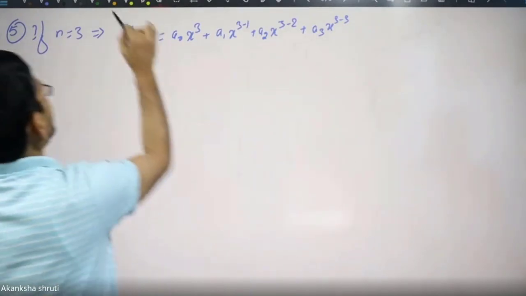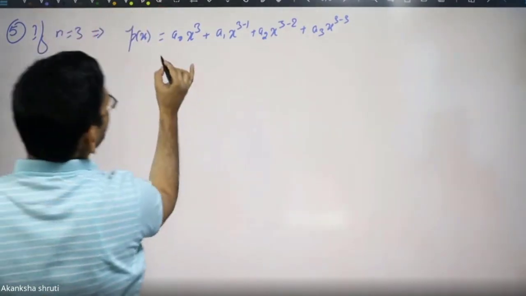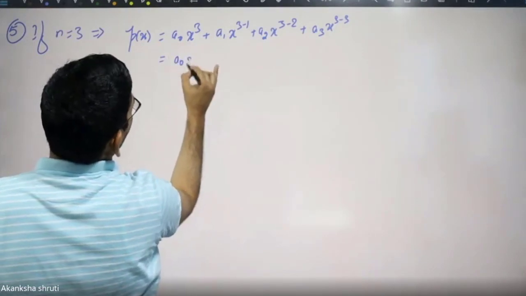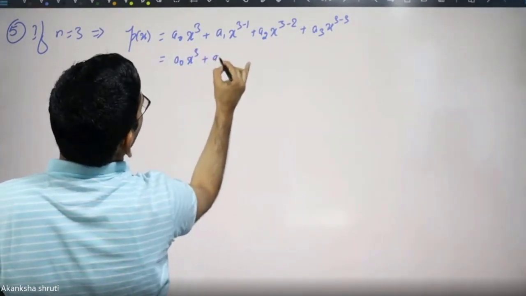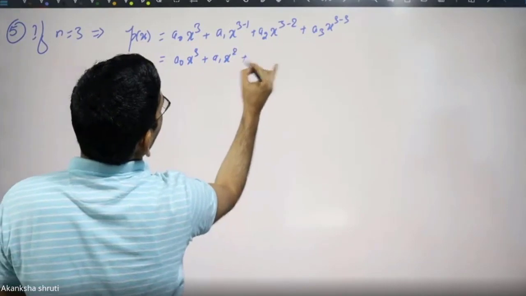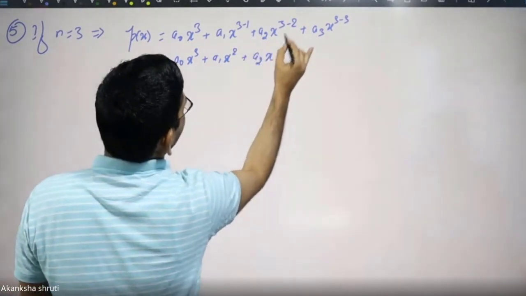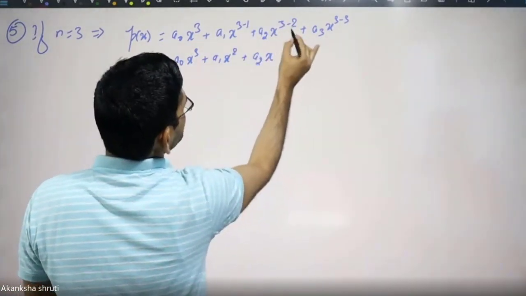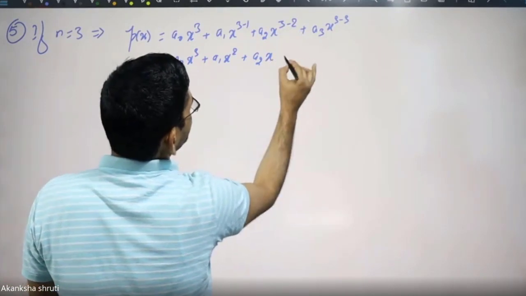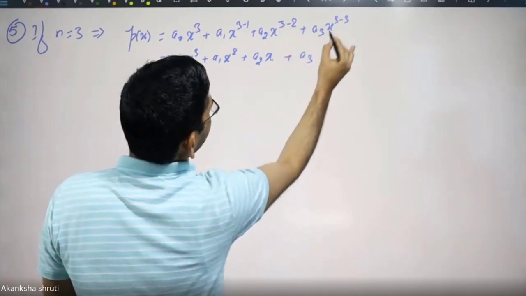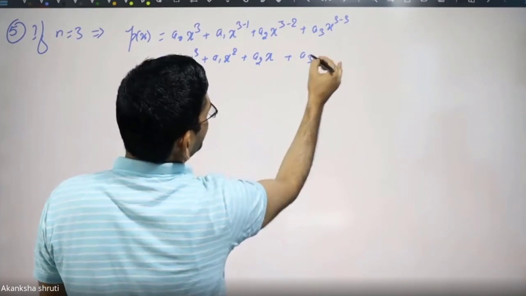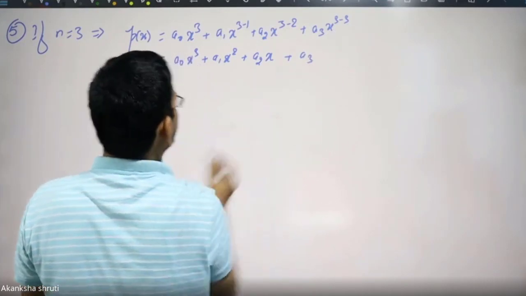Now this can be simplified to a0 x cube plus a1 x square plus a2 x. Only 3 minus 2 is 1, and 1 is not written, plus a3. 3 minus 3 gives x to the power 0, that becomes 1. So a3 multiplied by 1 is a3, which is written.